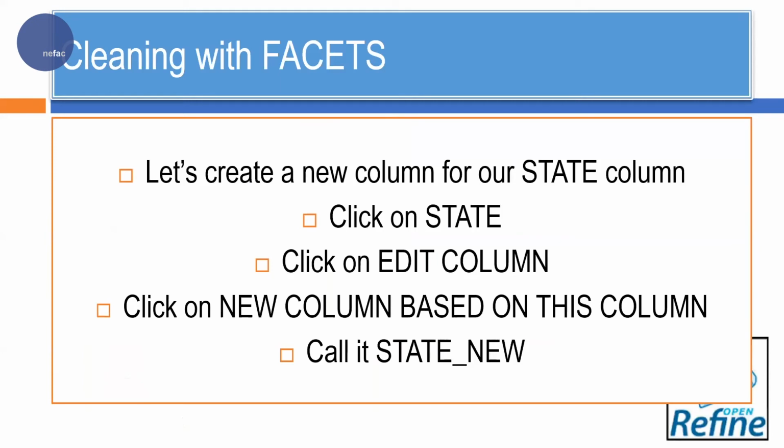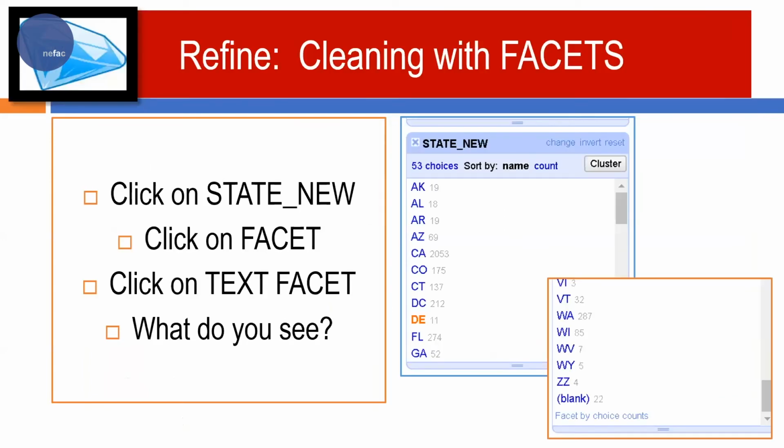And you could do the same thing with your state column. Edit column, create a new column based on this column. You can rename it. I called it state new. And then on your new column, go to facet and text facet.